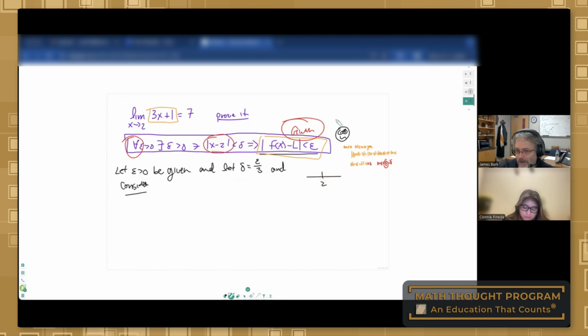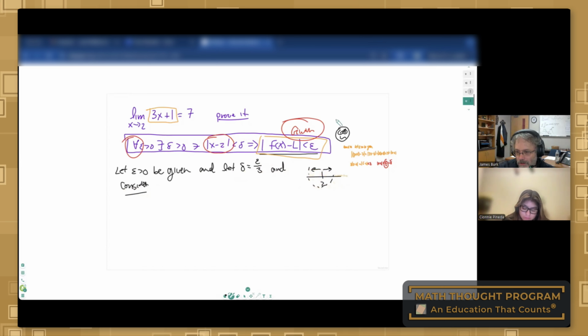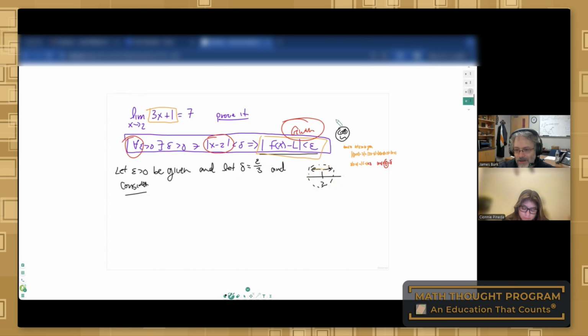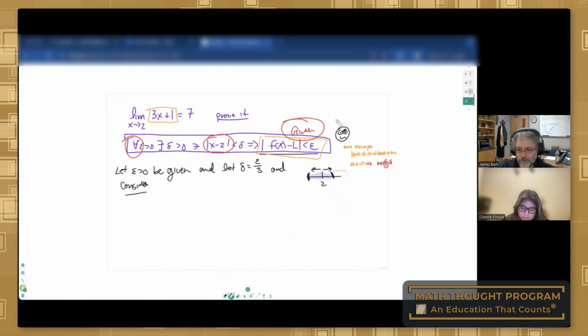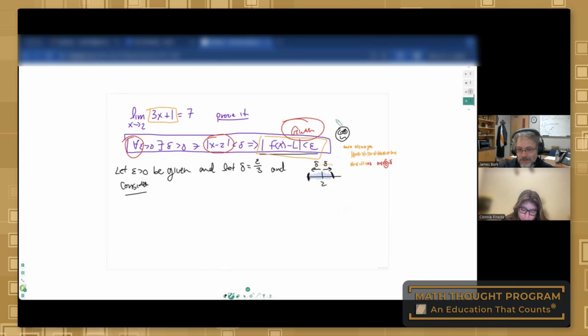Whenever you look at the absolute value, you're looking at some kind of open ball. If you write it in 2D, or in 1D, you're looking at some kind of interval. And that's the region you want to look at. You don't want to look outside of it, just inside there. And the distance you're going is a distance of delta to the left or to the right.